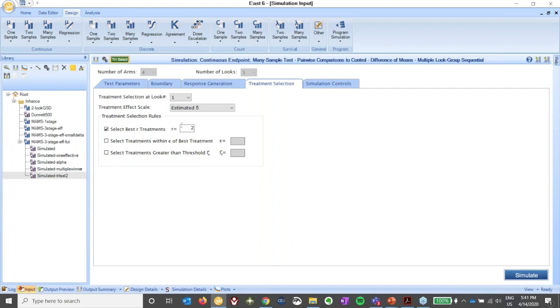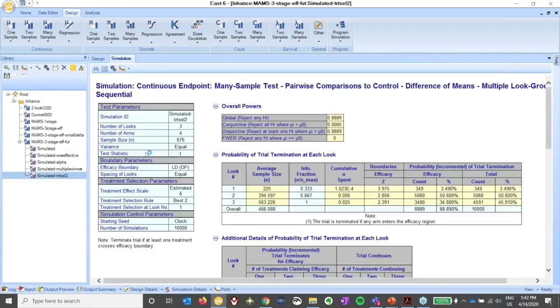So for our example here, we can suppose that 2 best treatments are being selected based on the estimated treatment effect at the first interim look. And then if I run the simulation, what I'm going to see is the following.